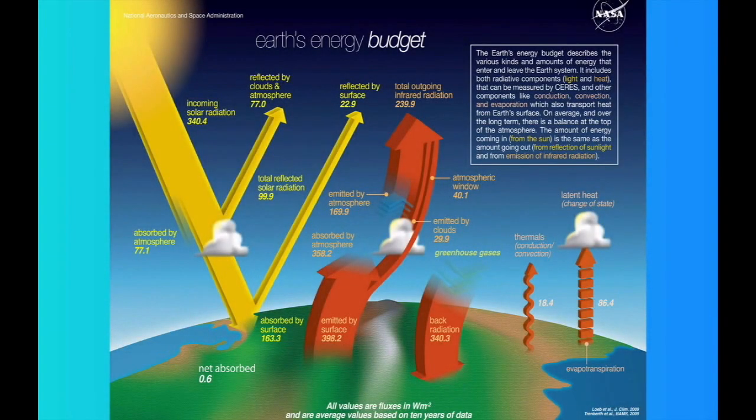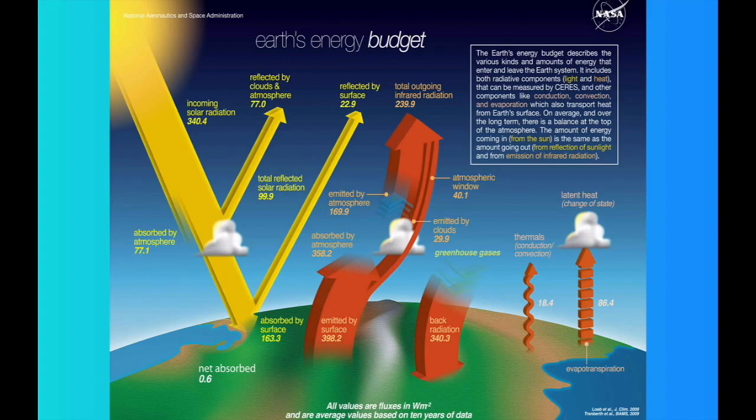So overall, of the sunlight that comes to our planet, because of the atmosphere, only 60% actually breaks through and reaches the surface. And that is the amount that actually gets absorbed and used by Earth. Of that 60% that gets to the surface, only a fraction is really used on the planet.